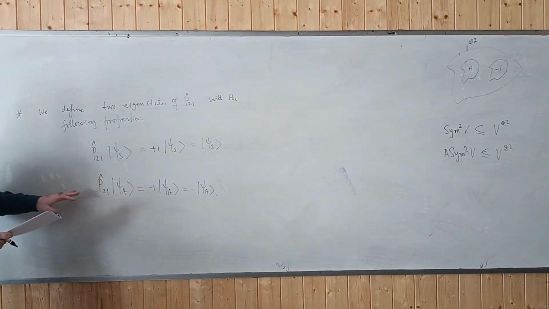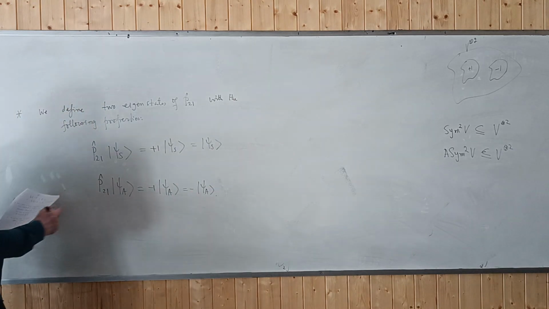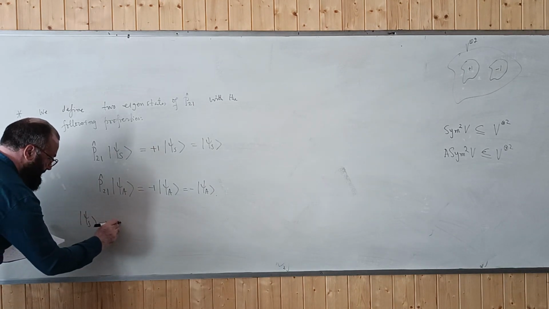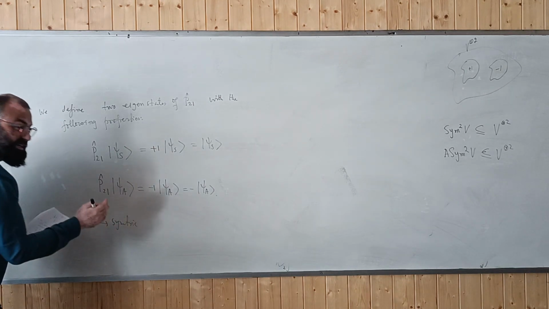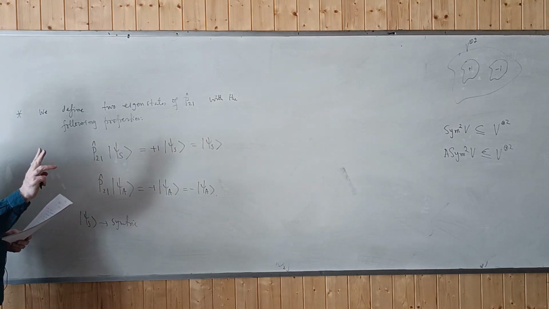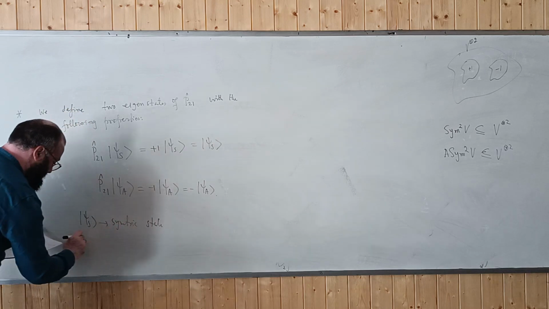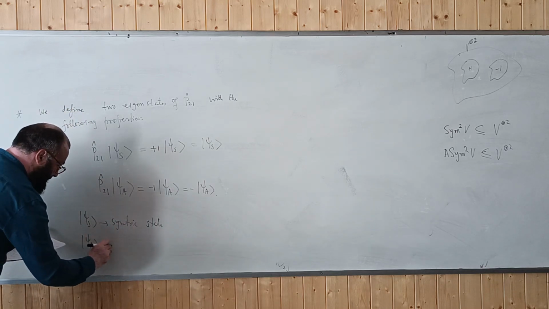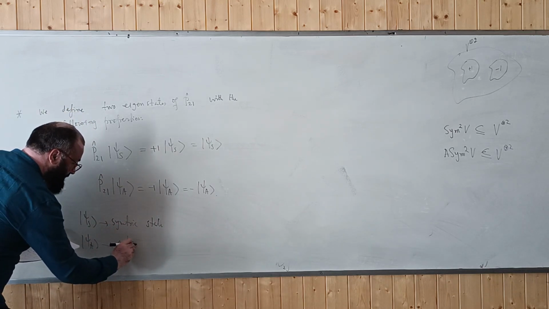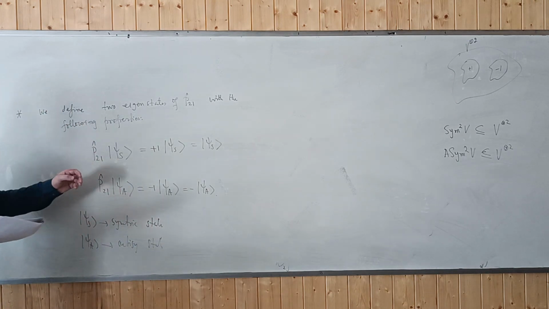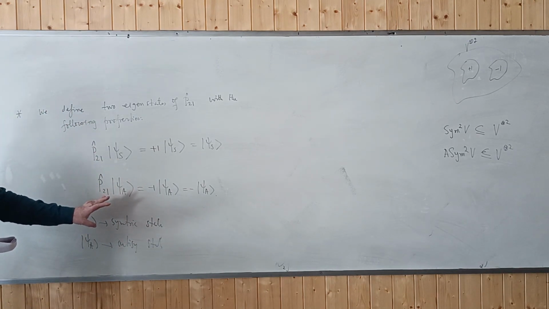We call this psi s symmetric, symmetric under permutation, and psi a antisymmetric. These are the definitions, and I need to construct what psi s and psi a actually are.